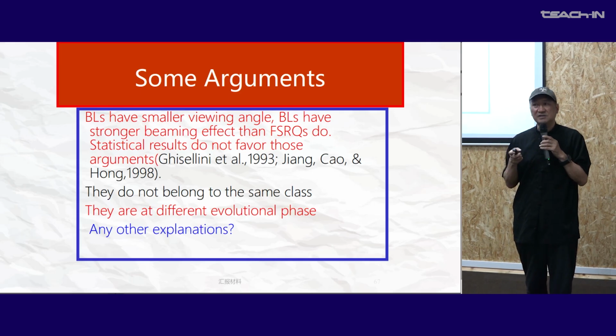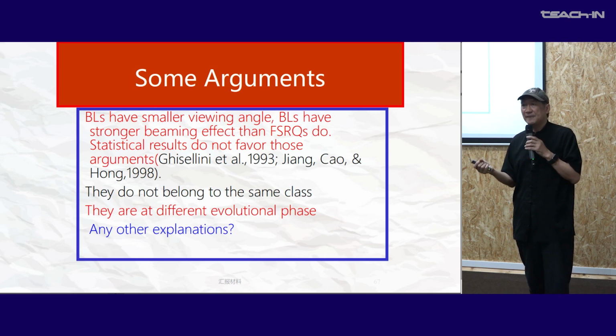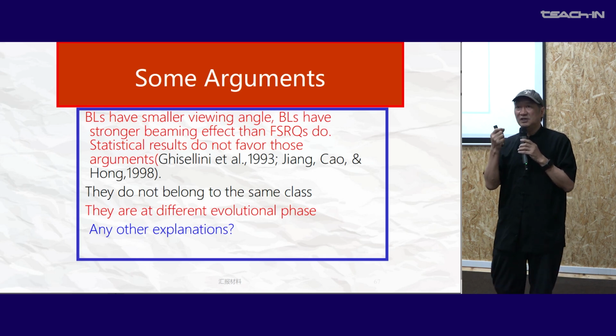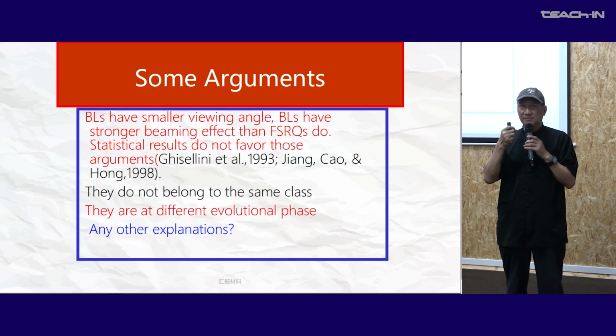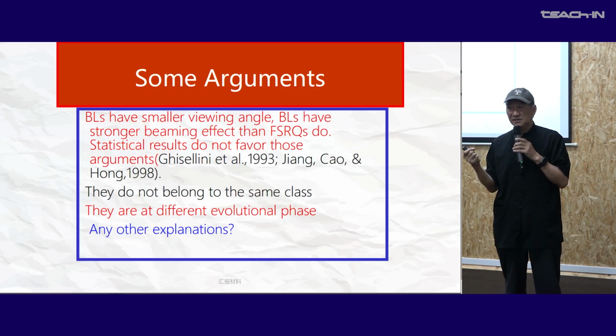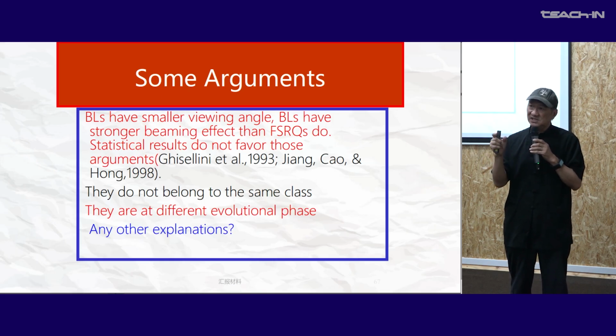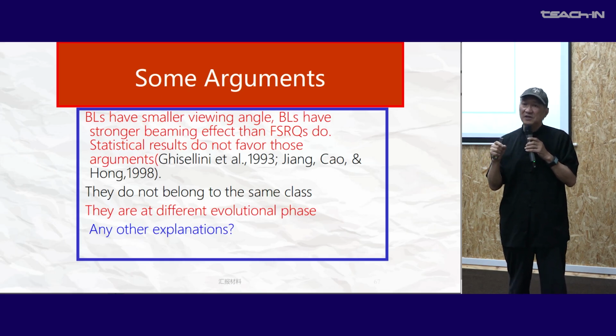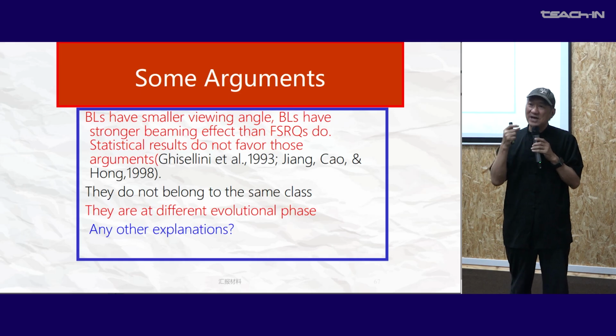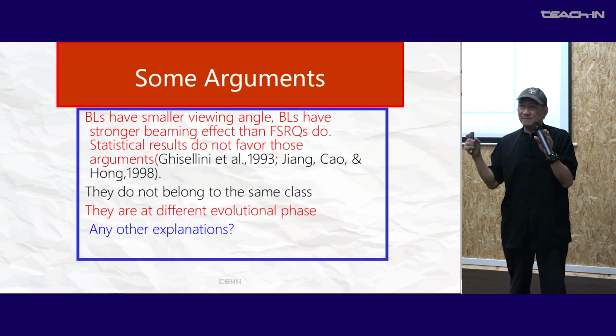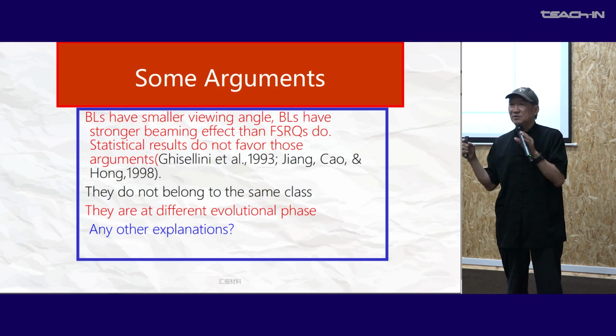Then what is the difference? How do we explain the difference in the emission line luminosity? When we explain the difference in the emission lines, we should also explain why they have almost the same continuum emission.